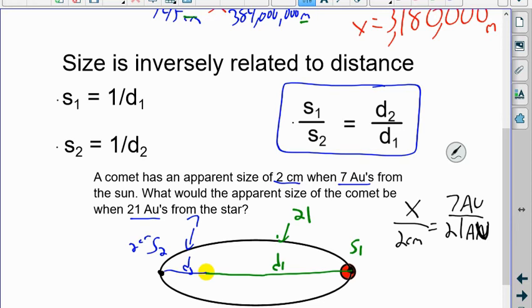So then I'm going to cross multiply, and I'm going to get 21x is equal to 14. Divide both sides by 21, and I'll get x equals, isn't that just 0.67 centimeters? And 0.67 centimeters is less than 2 centimeters. Okay. Good on that? All right.